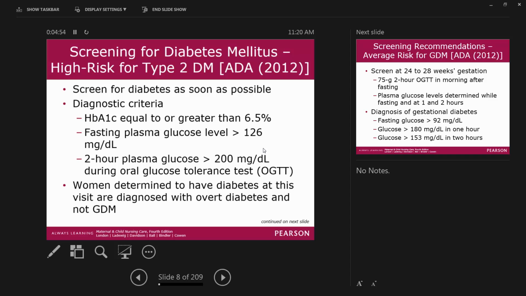So this is the person that has never been diagnosed with diabetes, gets pregnant, comes into the clinic, she's high risk, and so you start the screening as soon as you get her, depending on when she shows up. If she exceeds any of these values, she's diagnosed with overt diabetes, not gestational diabetes. Okay.